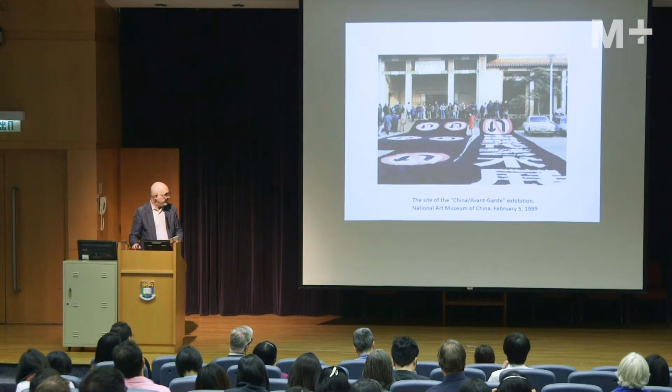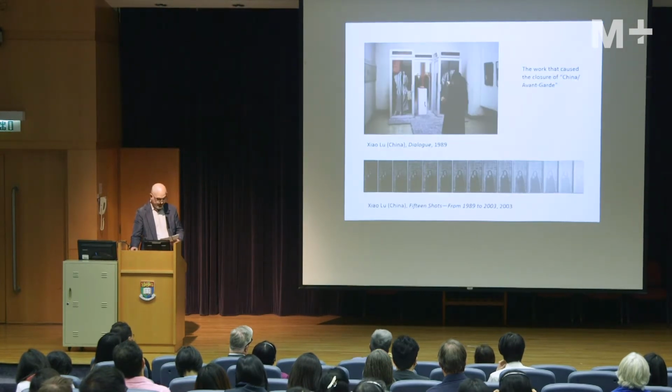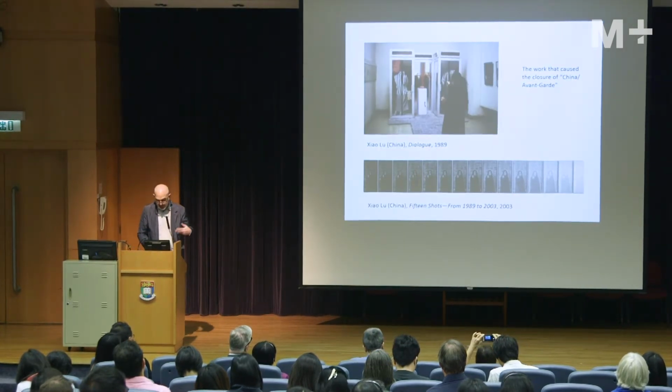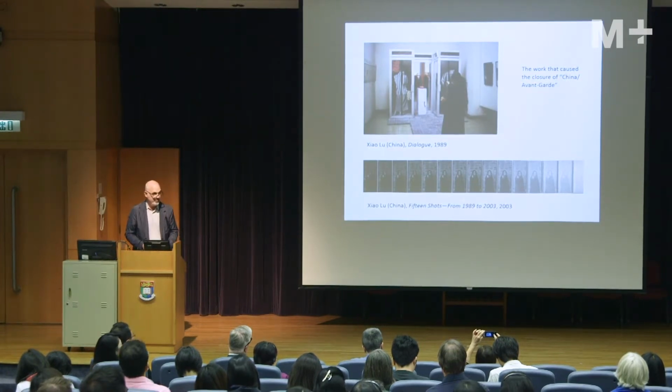And here, again, is Xiao Lu's action of shooting her own work in the exhibition, which caused it to be closed down. Seen as part of the democracy movement, especially given its occurrence just before demonstrations in Tiananmen Square, I would like to think of this event as the calling in of a debt to be paid by, not to, the Western avant-garde. Here, the dynamic I've been discussing is reversed.